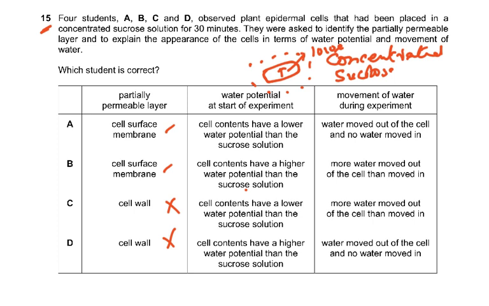So that is why for question number 15 the answer is B. Cell contents have a higher water potential than the sucrose solution. More water moved out of the cell than moved in. You see, you have to talk of the net movement. Water will always move in and out. Some will move in, some will move out. But then what is more? If more water is moving out and less is moving in, then you know it's going to cause plasmolysis.